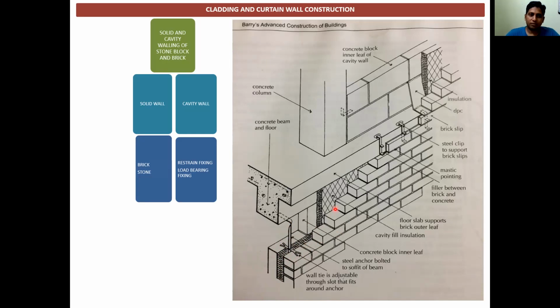So air plays the buffering role in between the structural wall and the cladded wall. That's why the temperature inside the occupant, the temperature inside the activity area, will be controlled very effectively.